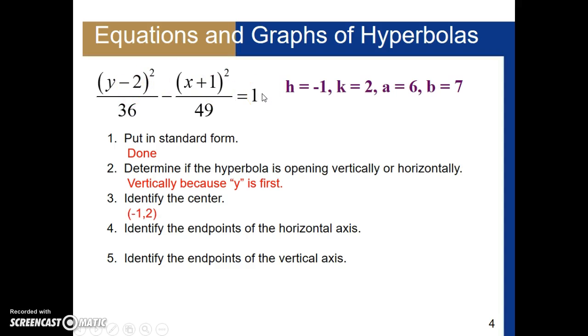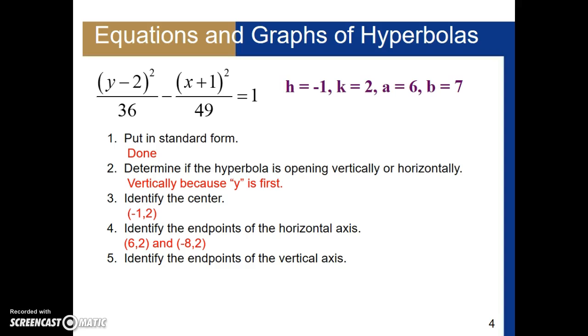That's h and k. The endpoints of the horizontal axis, which is going to be our conjugate axis or equivalent to the minor axis, are going to be a distance of 7 to the right or to the left of our h value of -1. So those points are 6, 2 and -8, 2.